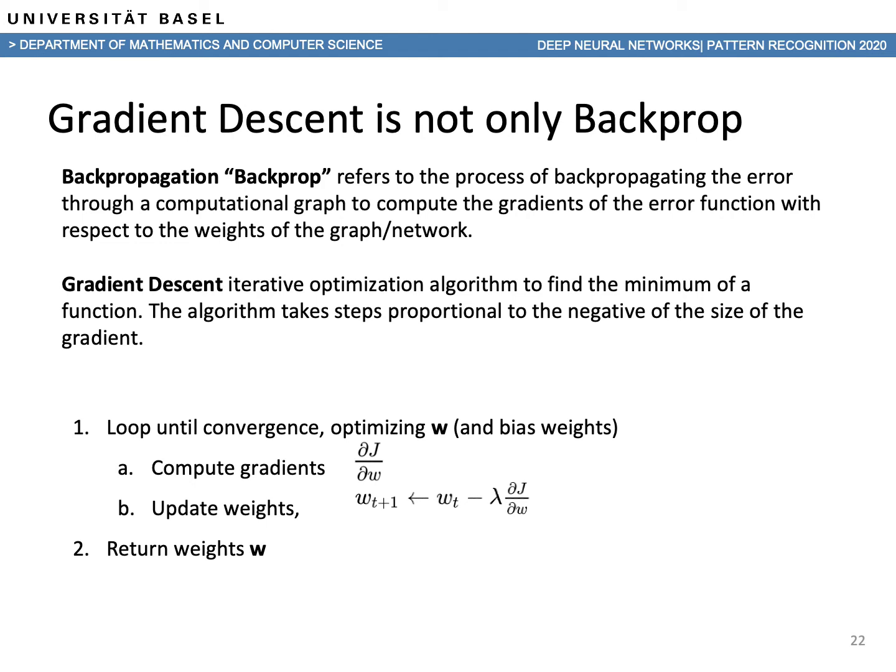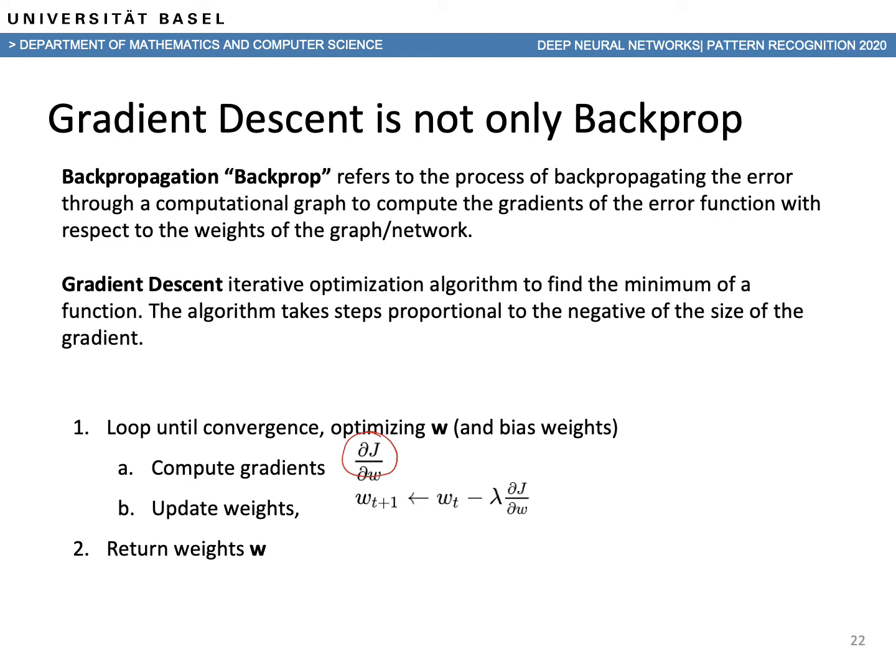And gradient descent is then, after you have all your partial derivatives, an iterative approach to find a minimum of a function. The algorithm takes a step proportional to the negative of the size of the gradient. And then we have the loop here where we compute the gradients of the loss function with respect to all the weights in the network, all our partial derivatives.